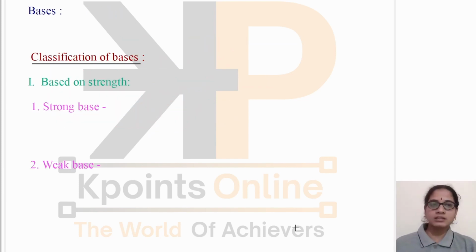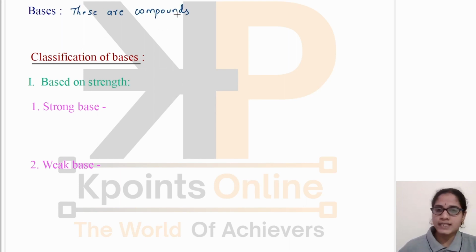Now let us see the concept of bases. How do we define bases? Bases are the compounds which produce hydroxide ions in aqueous solution. The characteristic properties of a base are due to the presence of these hydroxide ions.